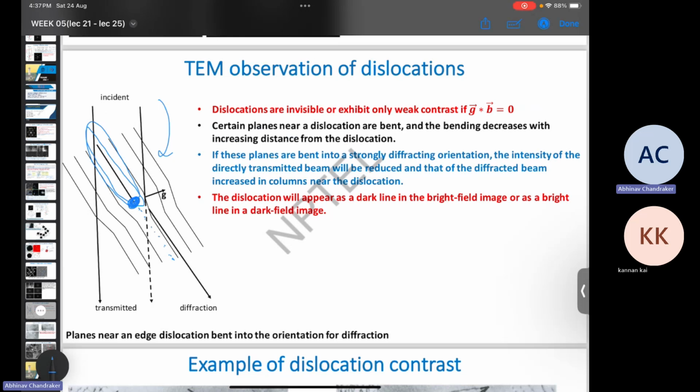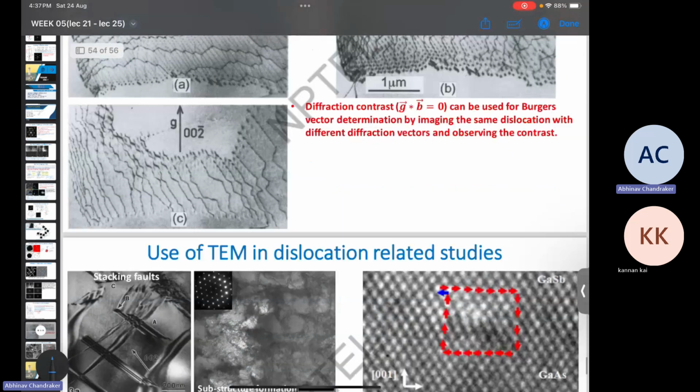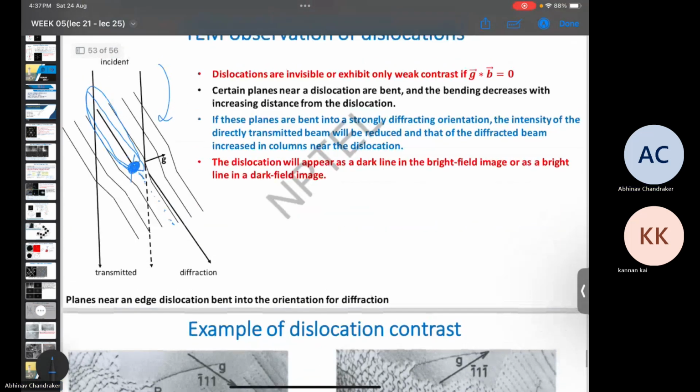So there will be a strain just above and below this line of atoms, and because of this strain, this is called a dislocation line, which goes into the paper. And if we want to get information related to these dislocation lines from a TEM diffraction pattern, there is a specific procedure of getting that information.